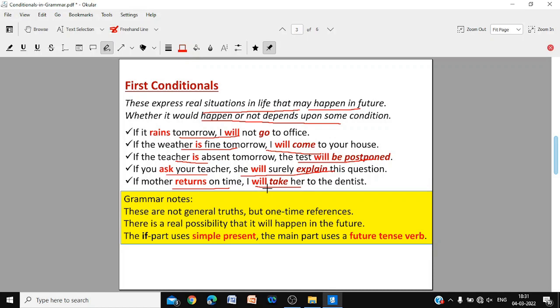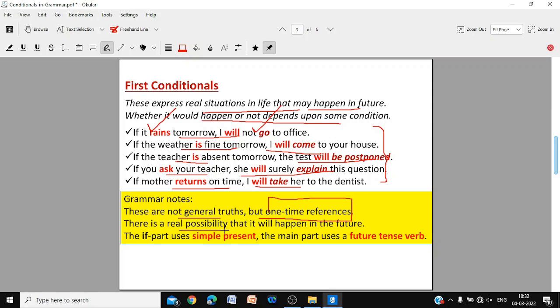So these are one-time references, and the second part is in future tense. The first part is in simple present. Zero conditionals are general truths, but these are one-time references, not general truths. Every time you heat water, it will change to steam. But not every time my mother returns on time will I take her to the dentist.